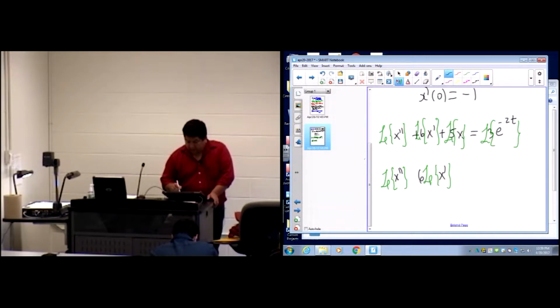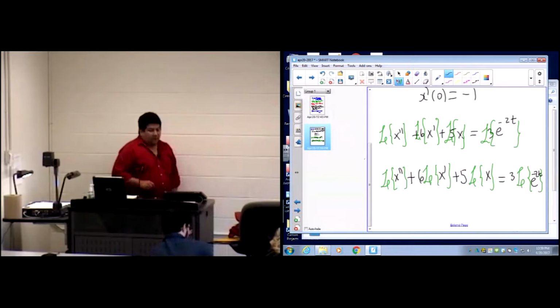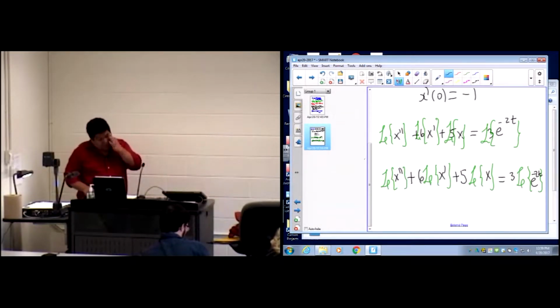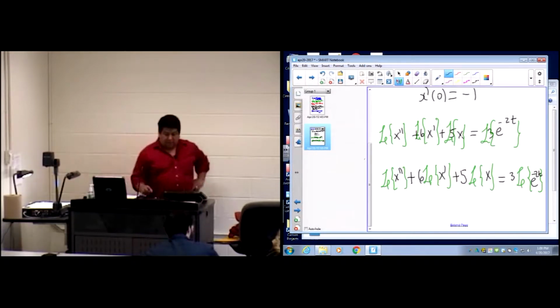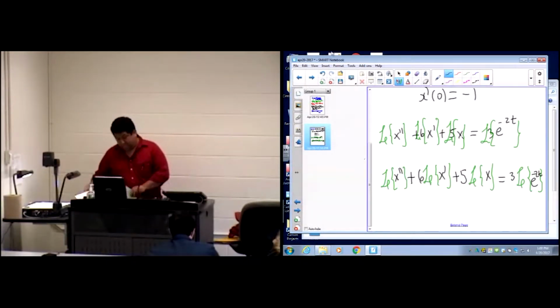Now, one of the things that we discussed last time is that we also had a table. If you will, you could complete the original table with the Laplace transforms of some original functions.